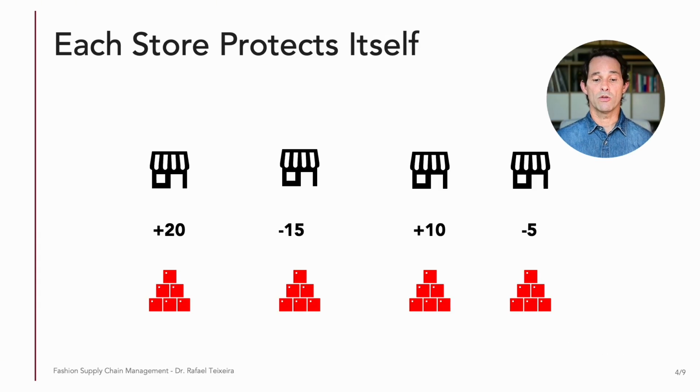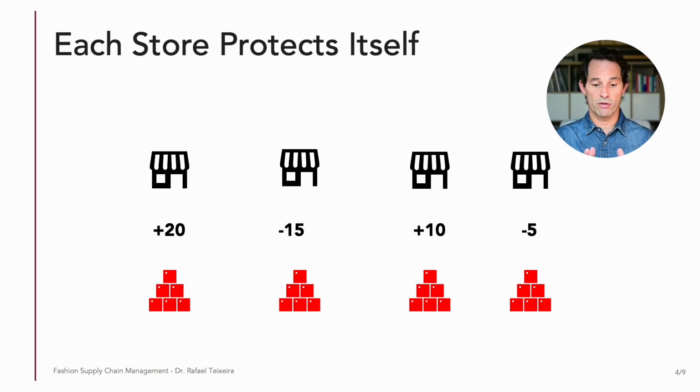Okay? And then what do companies do to protect these sales, to not lose sales when demand spikes or there are changes in demand? Well, they have safety stock. The safety stock exists to protect sales, to not lose sales when there are changes in the demand.